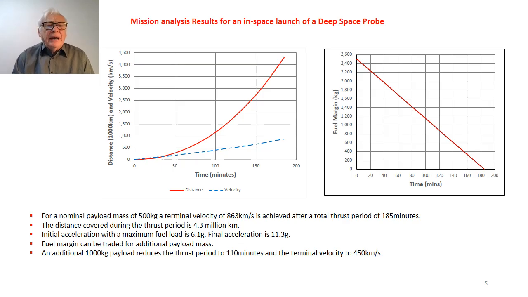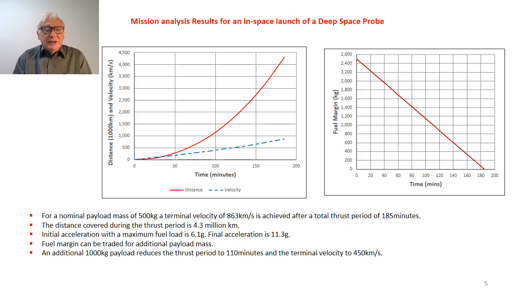And what we've assumed for this particular mission analysis is that we have a nominal payload mass of 500 kilograms, and that we continuously fire the thruster at its maximum thrust, which you can do if you're launching in space.